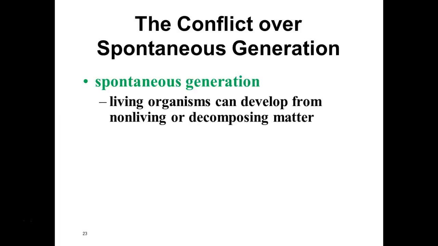So, the belief was that living organisms can develop from non-living or decaying matter. Things could just poof. I think Louis's experiment is the only one that's in your book. But how did he get to where he was? There were people before him, and sometimes that's important.